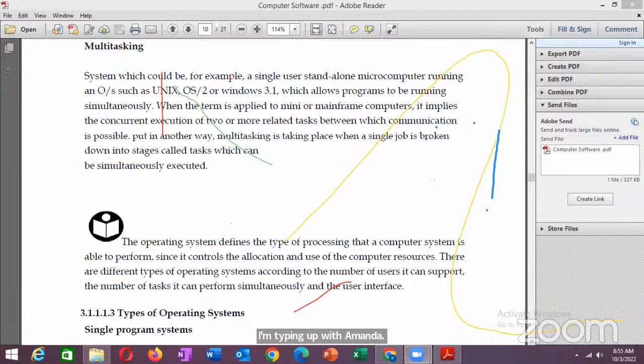These are the types of operating systems you know. So can you type?